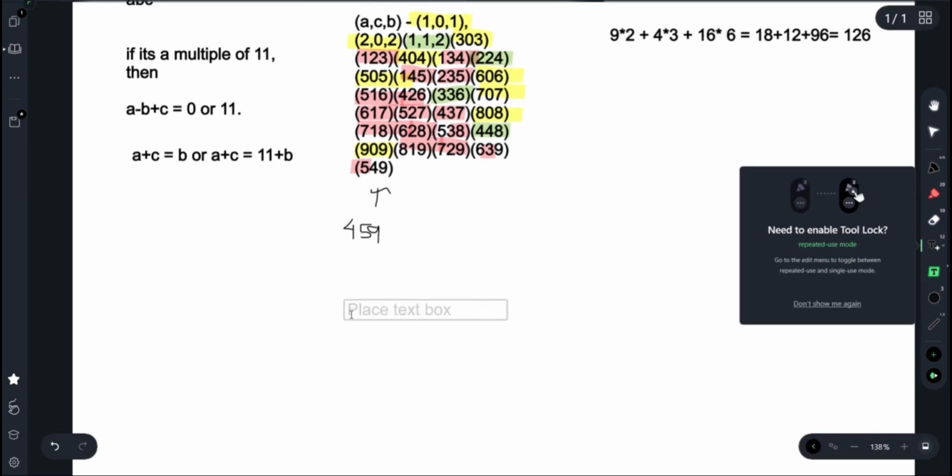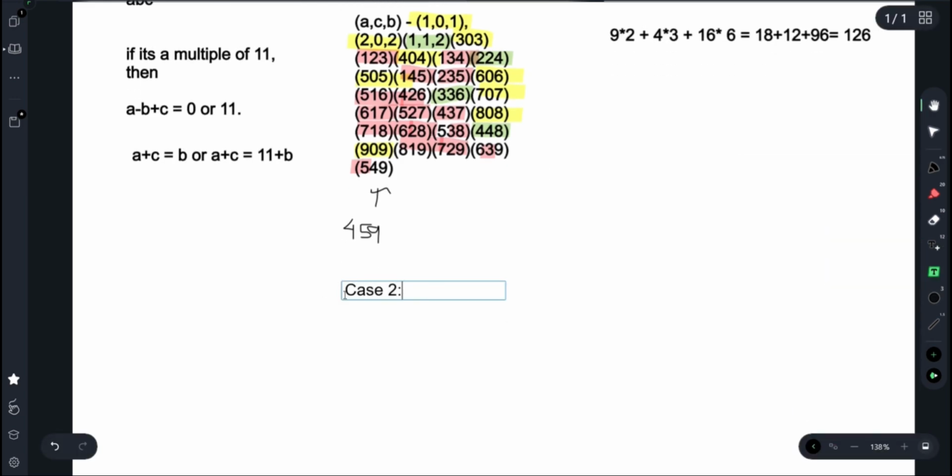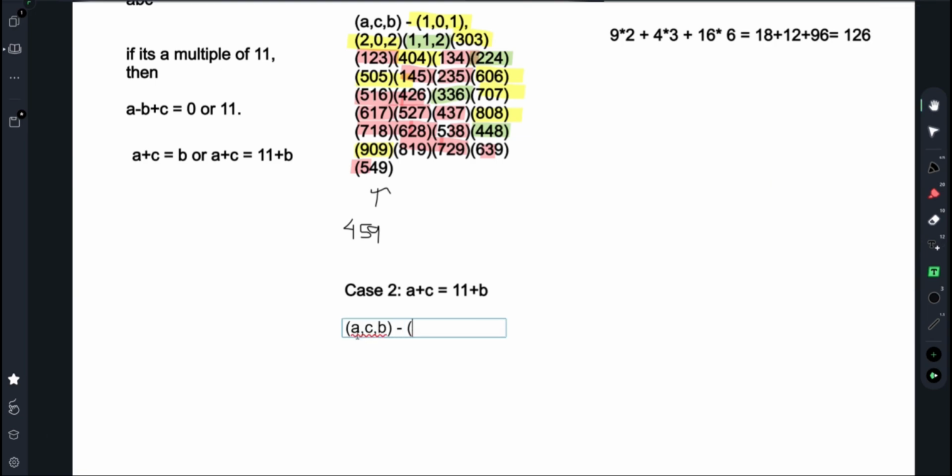Now, case 2, A plus C is equal to 11 plus B. So we can do the same thing as we did in the front. I'll just speed past B, same format. First we have, obviously, 920, add to 11, 830, 740, 650.